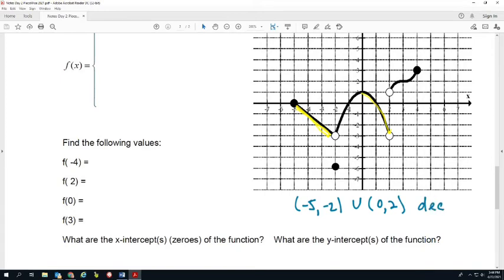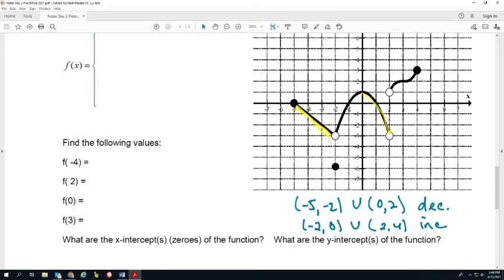This is where it's decreasing. And I'm going to write again that it's increasing. It was increasing from negative 2 to 0, and then union from 2 to 4. That's where the graph was increasing, just so that you can see it with the actual graph this time.